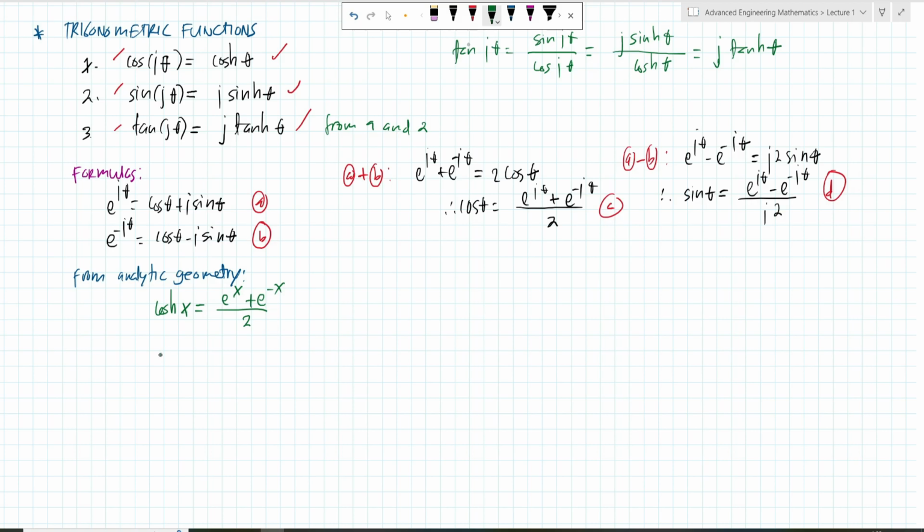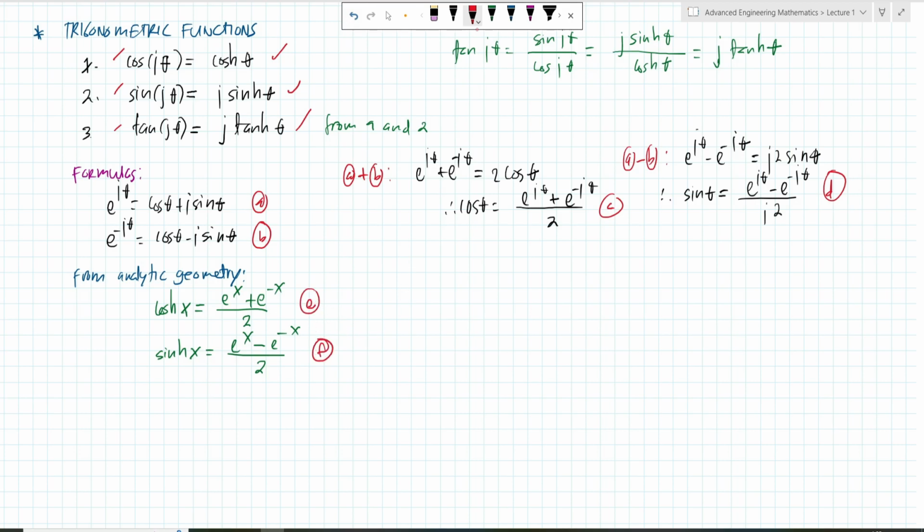And sine hyperbolic of x is equal to e raised to x minus e raised to negative x over 2. There is a pattern: if cosine, plus; if sine, minus. Let's call these formulas E and F.